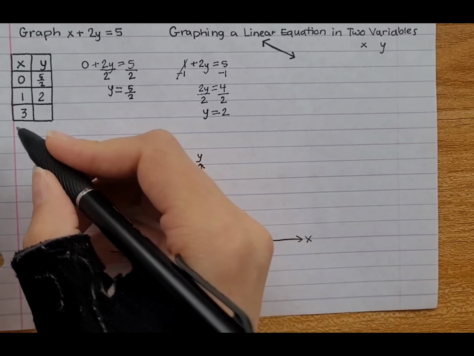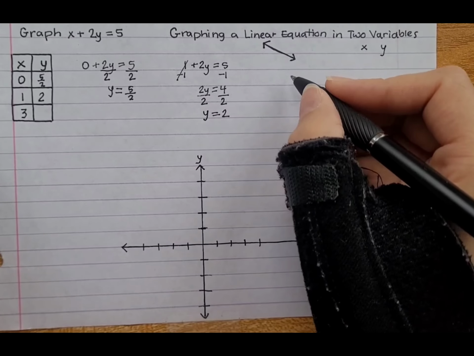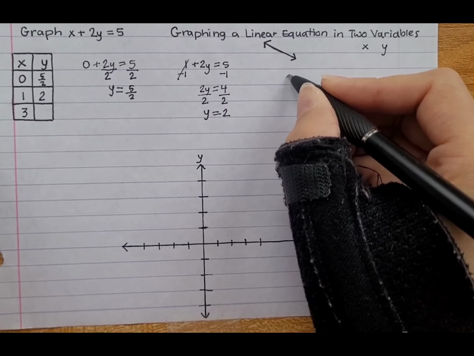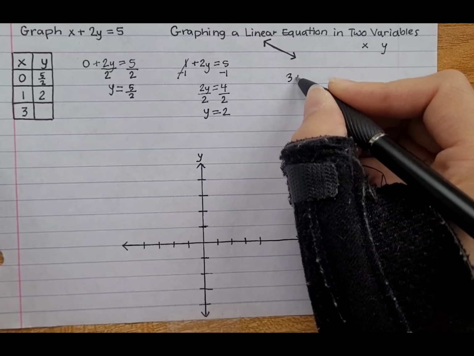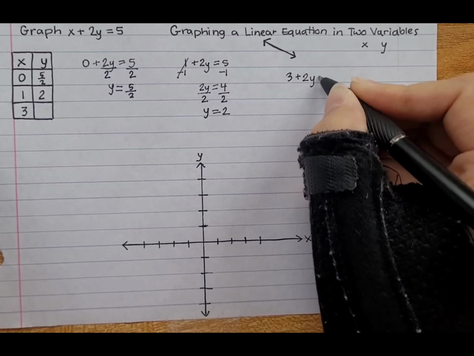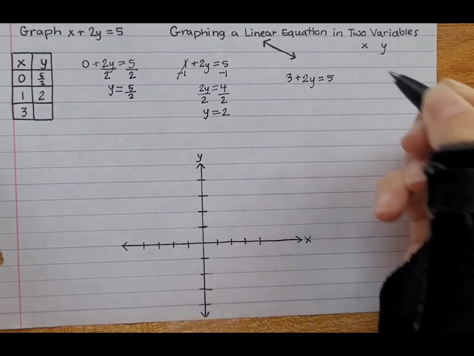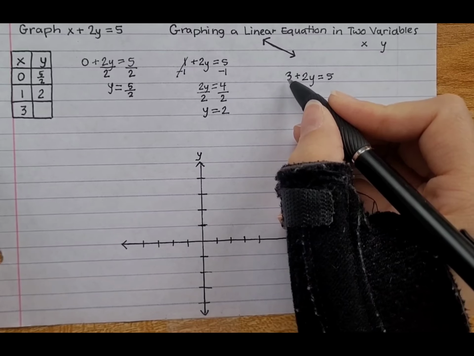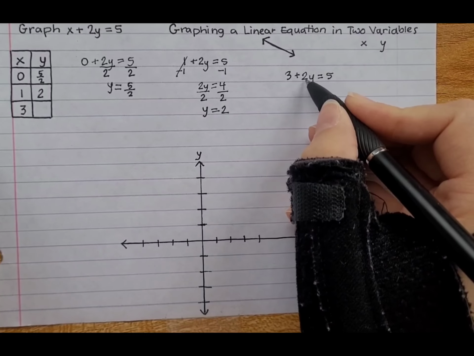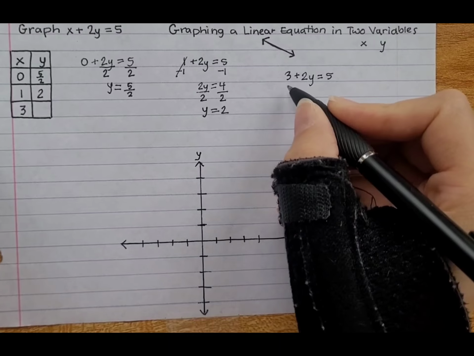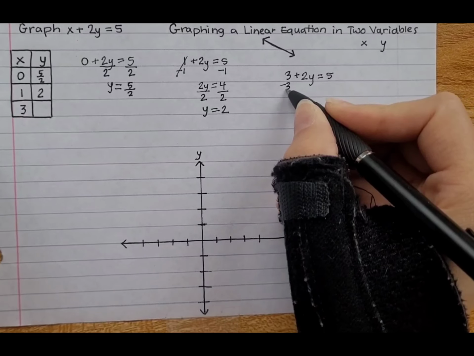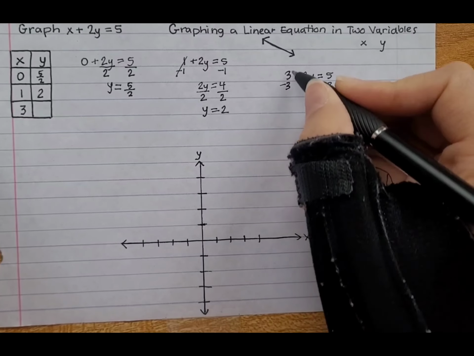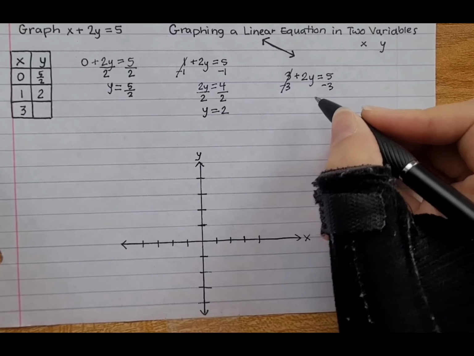Okay, and now our last one, where x is 3. So in the x spot, we're putting in the 3. We're adding on 2y equals 5 for our equation. Similarly, we're going to remove the 3 first before the 2 that's attached to the y. So we need to subtract 3 from both sides. 3 minus 3 is 0, so it's no longer there.